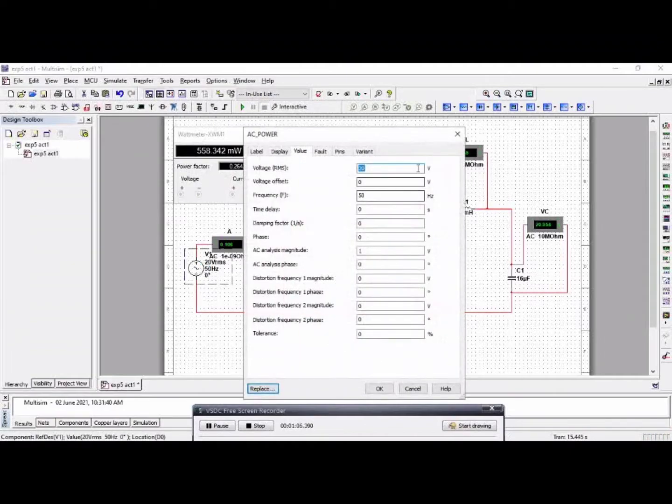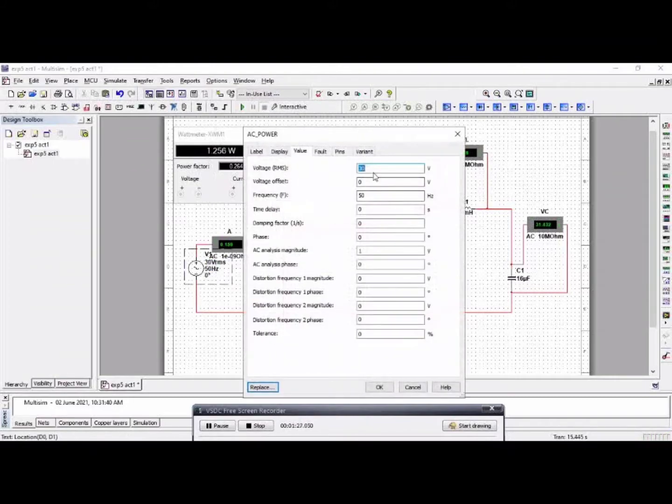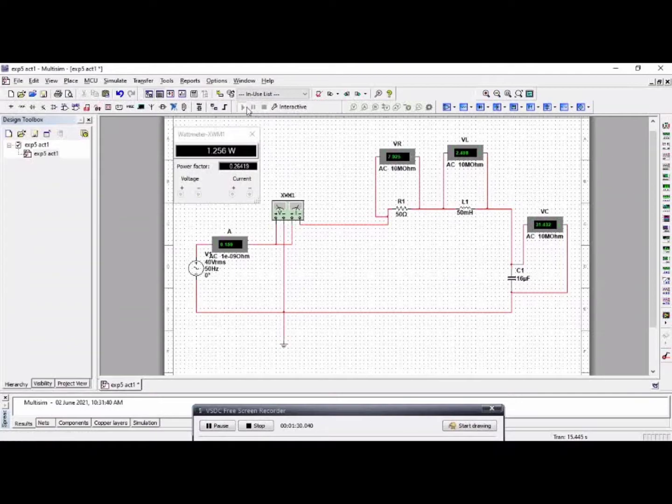Then we go to 30 volts. Now we get the value of I here, and then voltmeter, power, power factor, and VR, VL, VC here, and then stop. Then we go to 40 volts. And we got the value of I here, and this is voltmeter, this power, power factor, and this is the value of VR, VL and VC here.